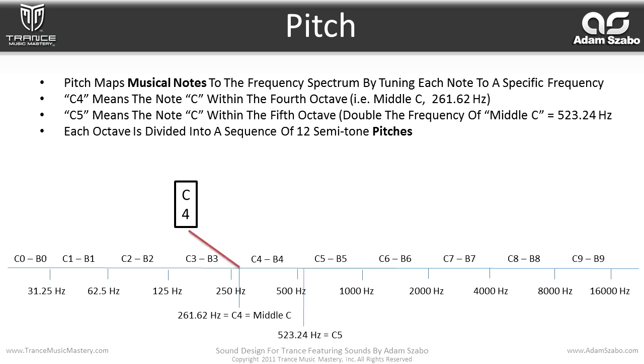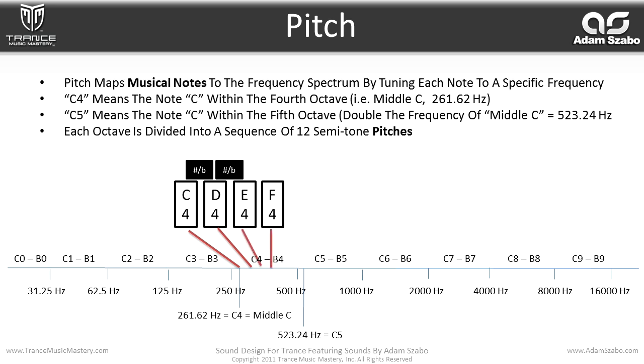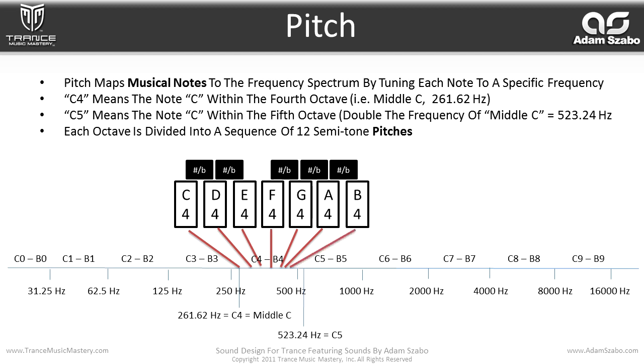Now, each octave is divided into a sequence of 12 semitone pitches. So C4 would be at 261.62 hertz, and then we'd have C sharp or D flat, and then D4, D sharp, and then E4, F, F sharp, G4, G sharp, A4, A sharp, and B4.